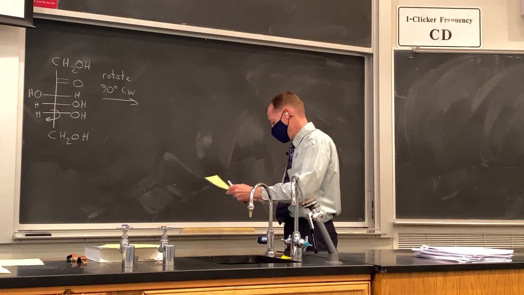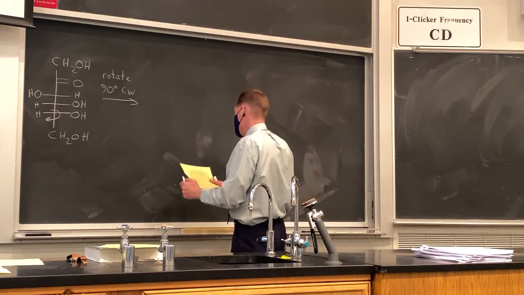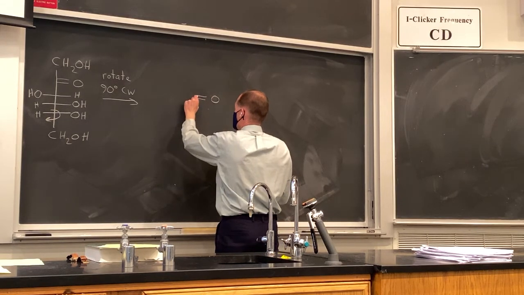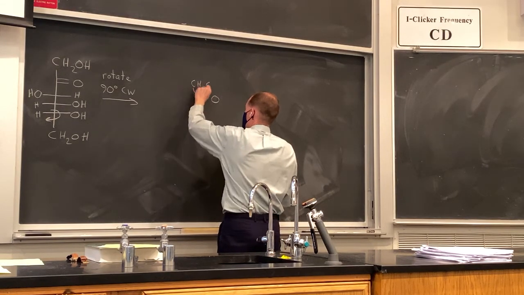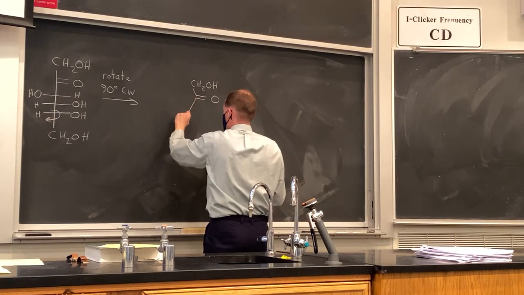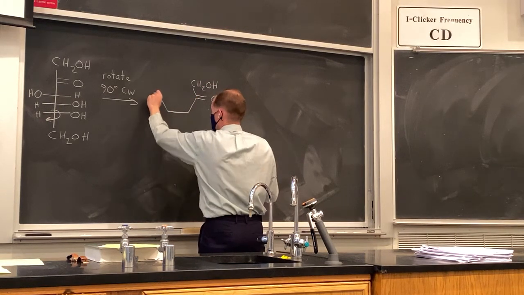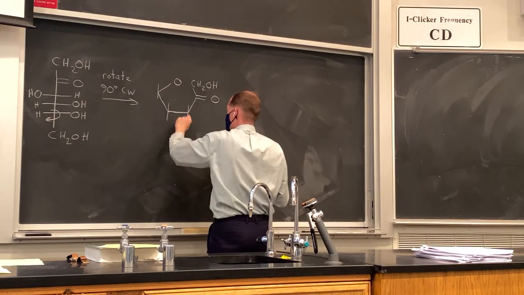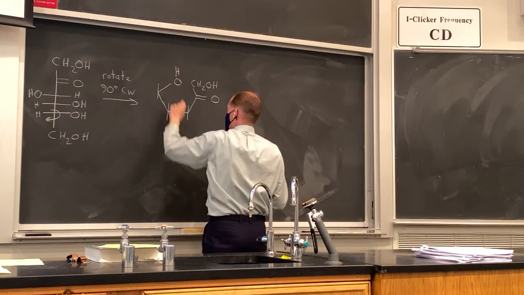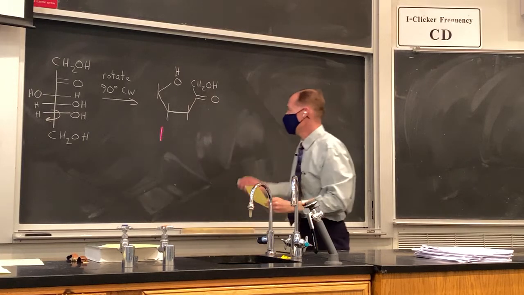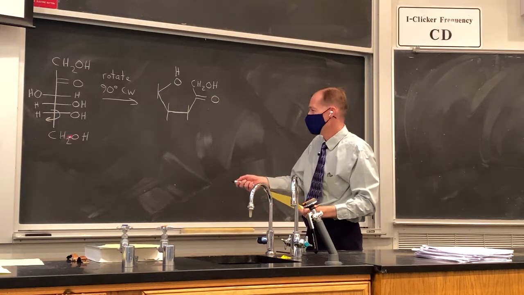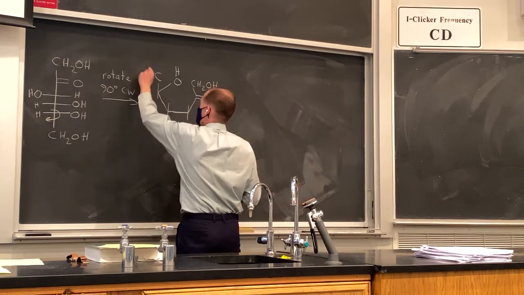We're going to put it on its side in preparation for that cyclization. That's going to give us something looking like this. So this is C2, C3, C4, C5. It's C5 because it's a D sugar. This primary alcohol is pointing up.